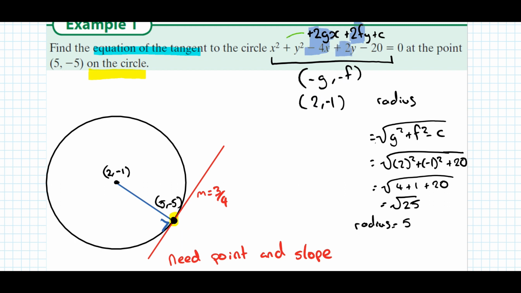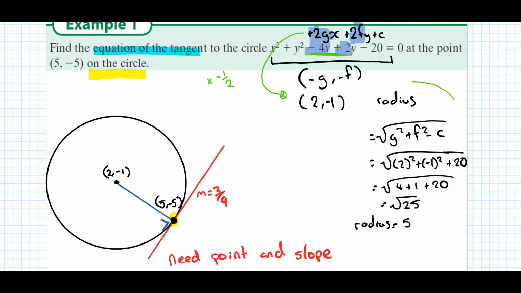Quick rule of thumb to get down to the center: multiply by a half and change the sign. What's a half of minus 4? Minus 2, and then change the sign, you'd get 2. What's a half of 2? It's 1, and change the sign, you'd get minus 1. Or you could do it the long way that we've done in the previous videos.